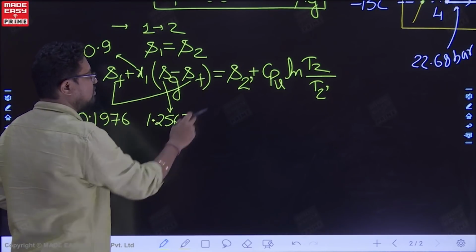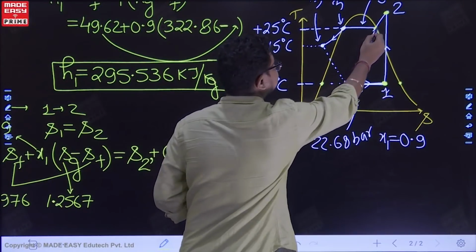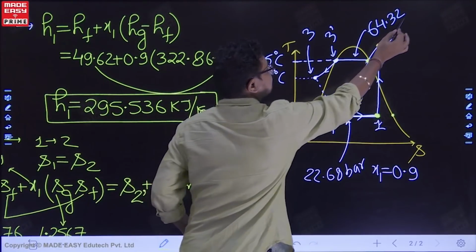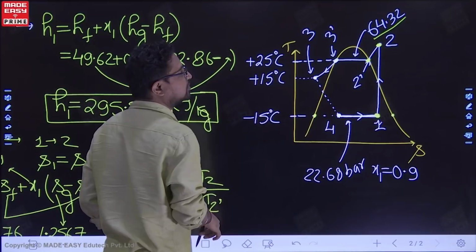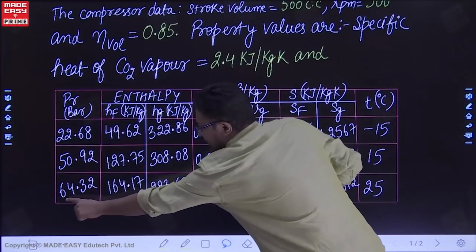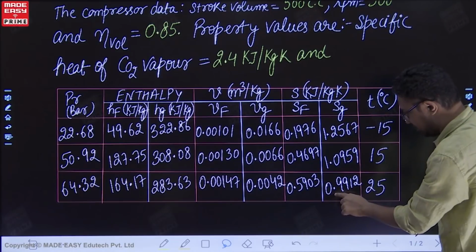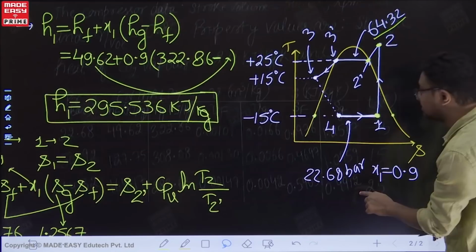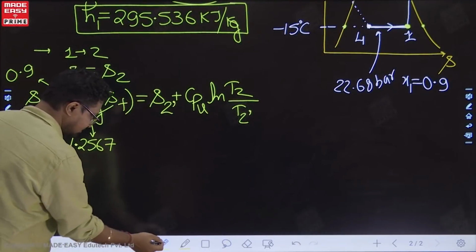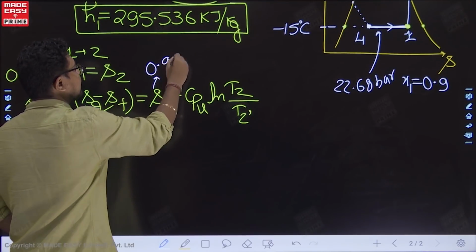Then S2 dash, Sg, that is saturated vapor, corresponding to the pressure 64.32, is 0.9912.